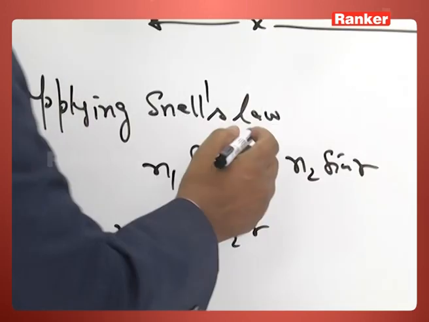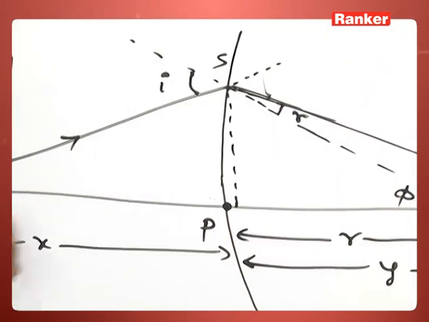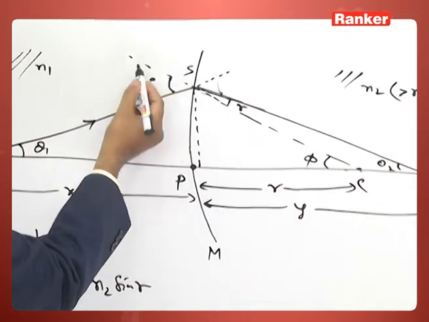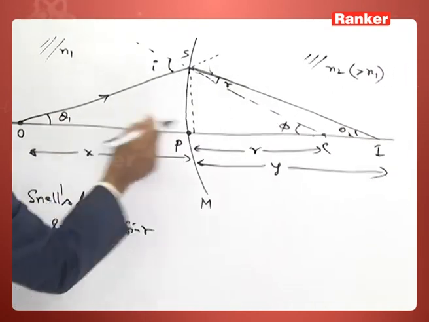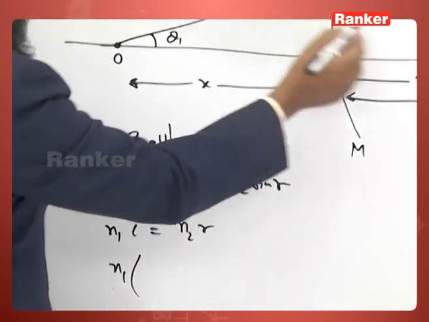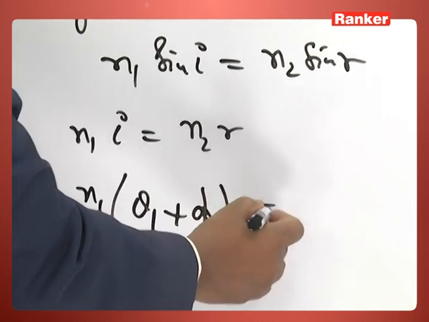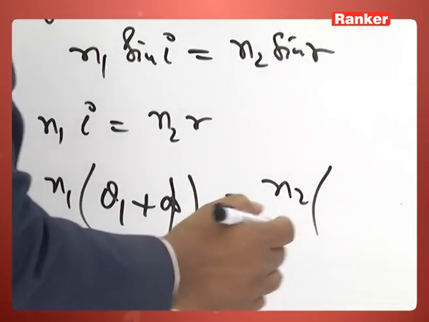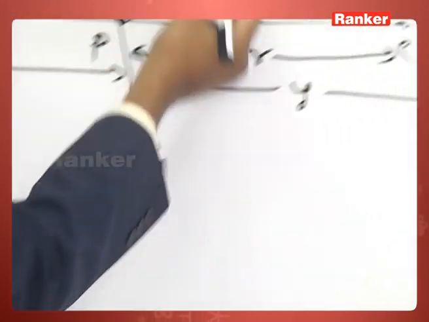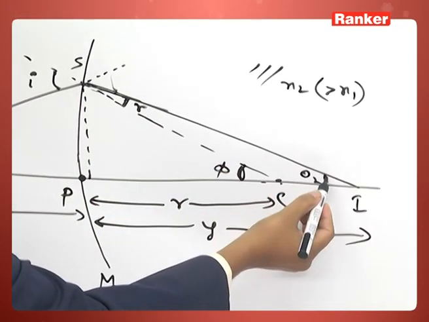Now, you see this triangle SCO, this I is the external angle and this is equal to theta 1 plus phi. So, we can write N1 times I, that is theta 1 plus phi, equal to N2 R. Now, you see this triangle SIC, this phi is the external angle, the sum of this R and this theta 2.